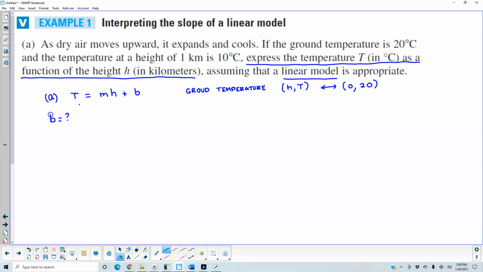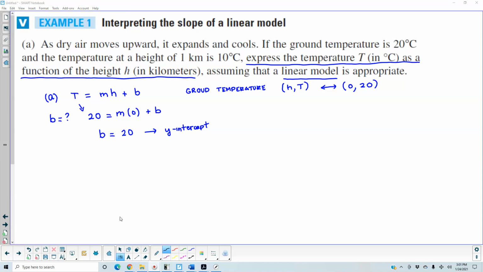Well, if we know that the temperature is 20 degrees, and we know the height at the ground is going to be 0, then we can determine that the y-intercept is 20. So this represents the y-intercept.